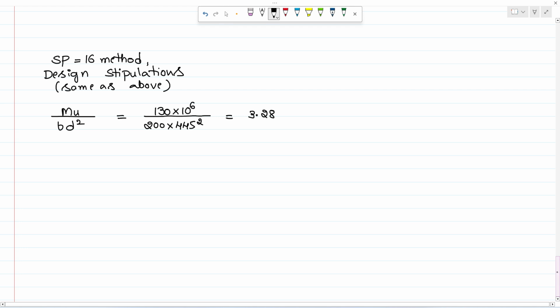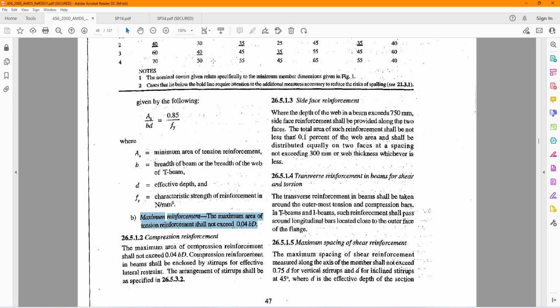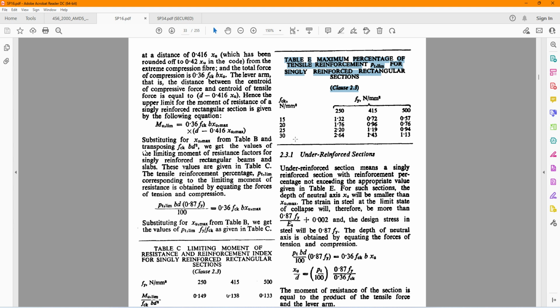So now you can refer to SP16, page number 49 and table 3. So let me open SP16. So SP16, I think it is page number 49.